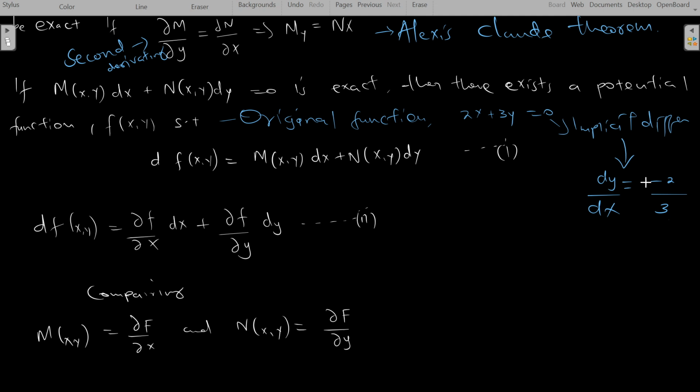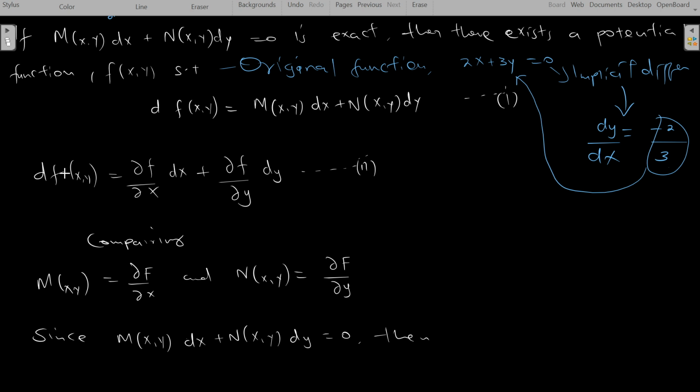Now once we have implicitly differentiated to this point, how can we get from this derivative back to the original function? This is where we use the exact differential equation. If M dx plus N dy equals 0 is exact, there exists a potential function, the original function, such that its derivative equals this expression.